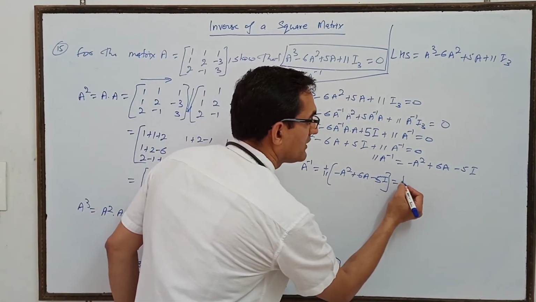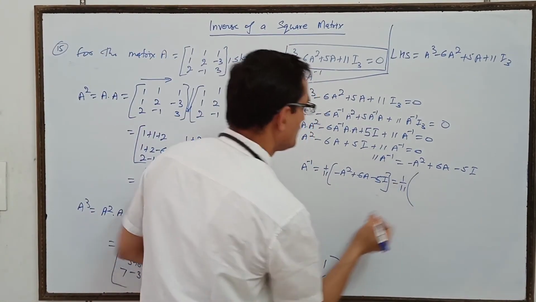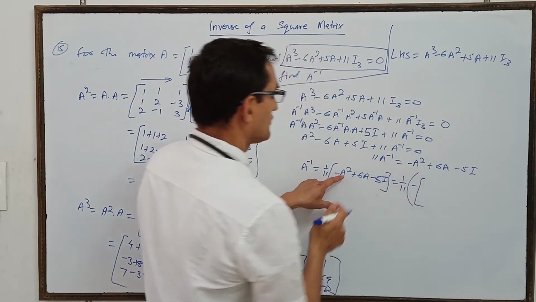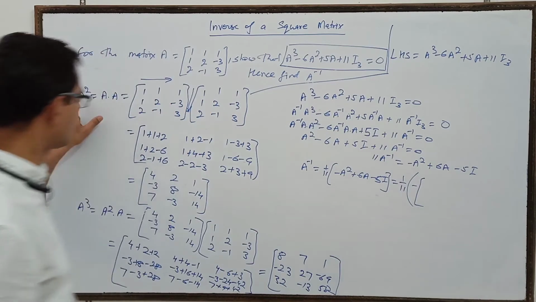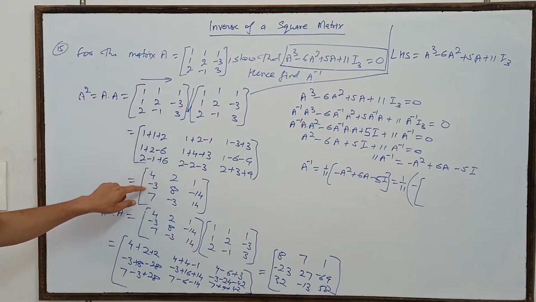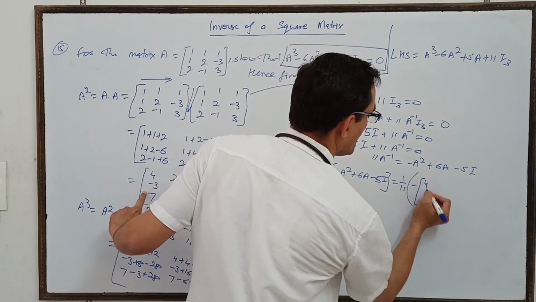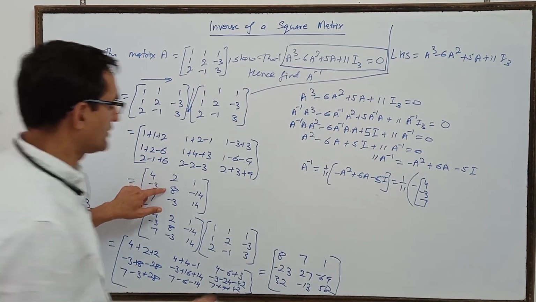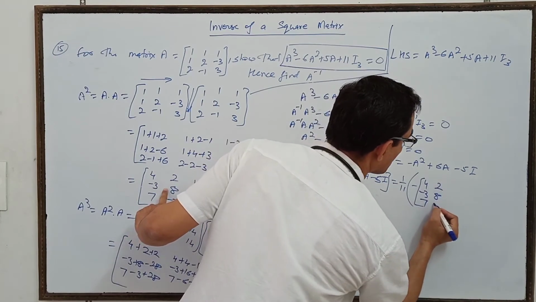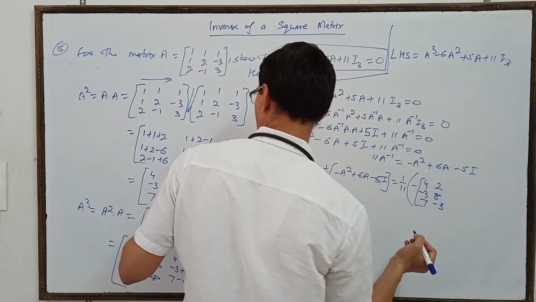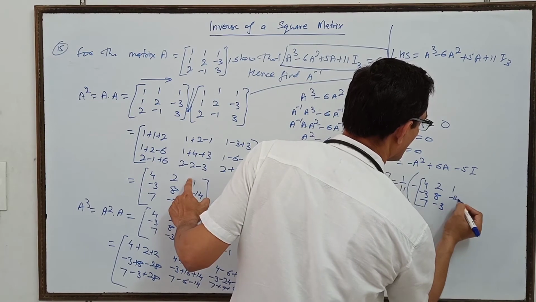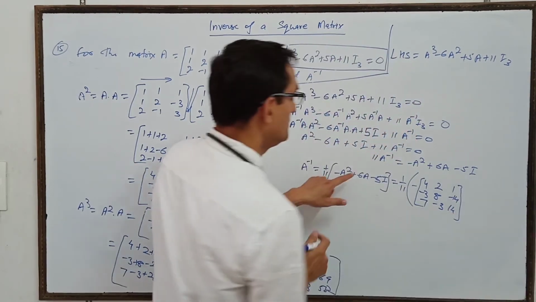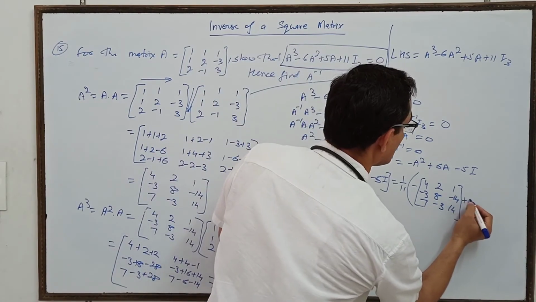So this is 1 by 11 into minus identity matrix minus A square. What is A square? A square is this one. So 4 minus 3 7, 2 8 minus 3, and 1 minus 14, then minus 6A, sorry, plus 6A.